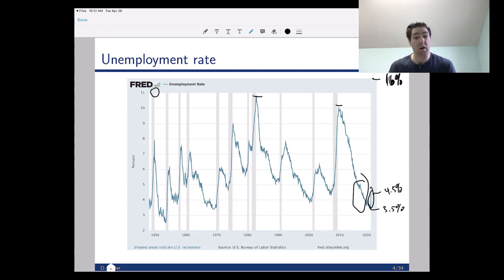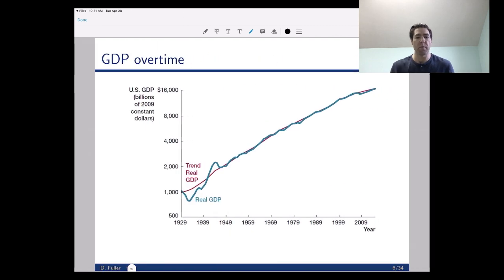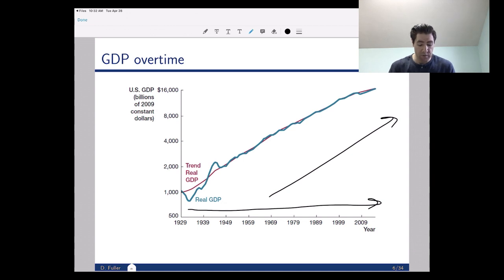We want to try to understand a little bit about what's going on here. Our first learning objective is to define and understand some parts of a business cycle. What do we mean by that? The key thing to note is that if I took a broad view of GDP, looking generally at what's happening over time, GDP is increasing over time. That's what this red line represents, the trend in real GDP.